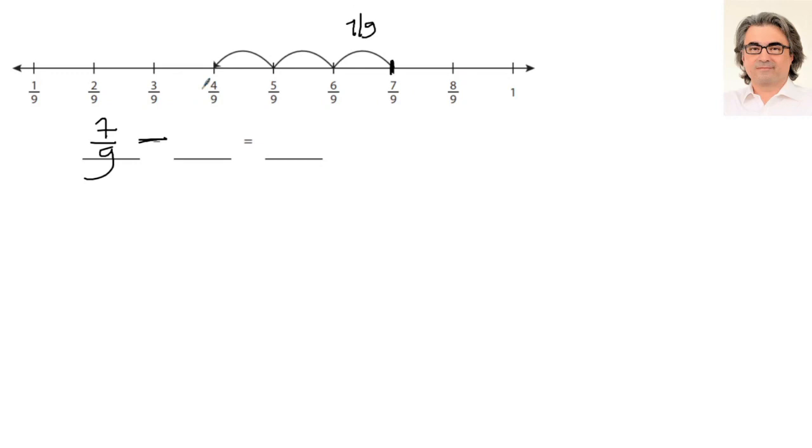So it means I should write here 3 over 9, because I went to the left of 7 over 9 within 3 units, 1, 2, 3. So finally I reached 4 over 9. I should write here 4 over 9, that's all. This is the inverse perspective of the questions on number lines on subtraction operation.